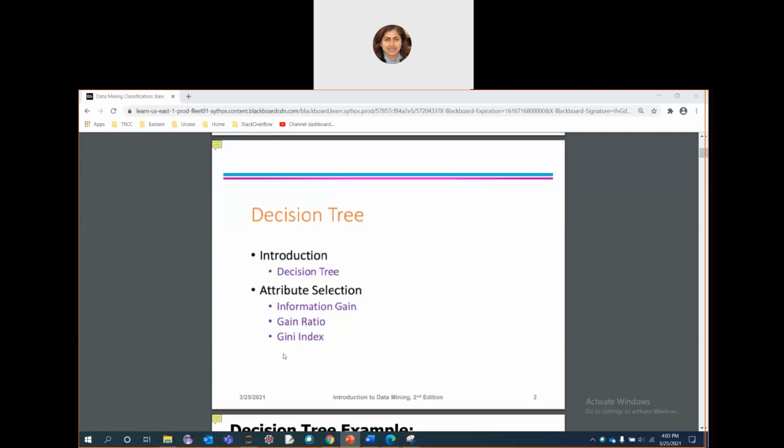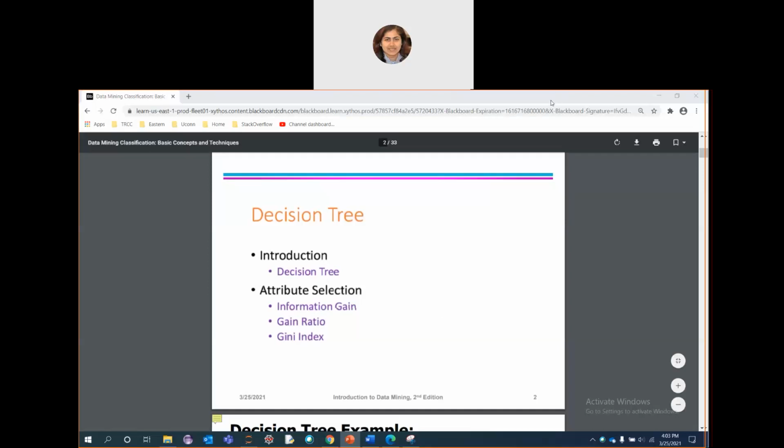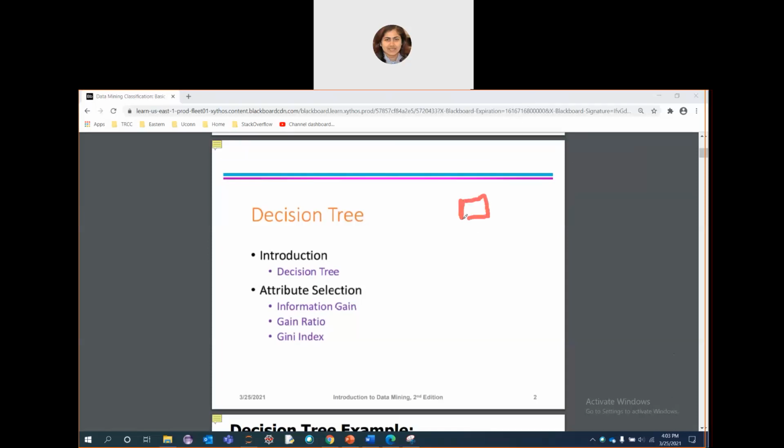So a data point or instance is classified by starting at the root node. Suppose the tree has a root node, the starting node. By starting from the root node of the tree and testing the attribute specified by the root node and then moving down the tree. So suppose this is one node and there are two branches.